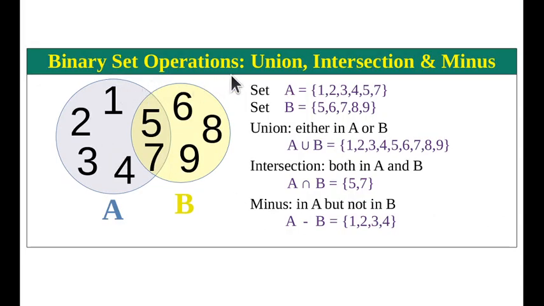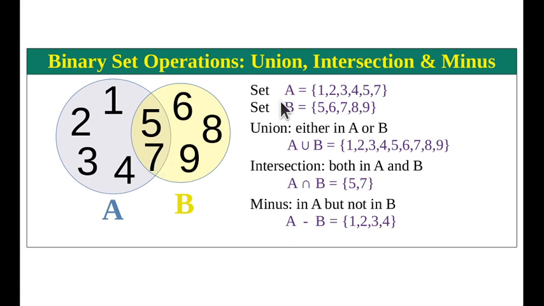Binary set operations: union, intersection and minus. Here two sets A and B we have defined. First, set A. Within set A, the elements are 1, 2, 3, 4, 5 and 7.